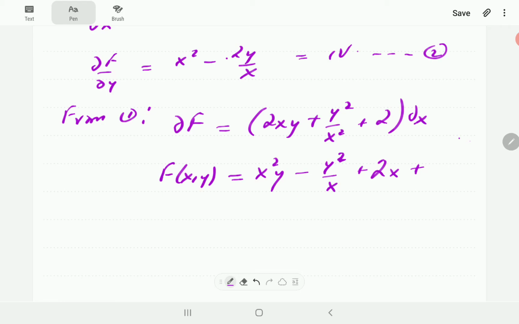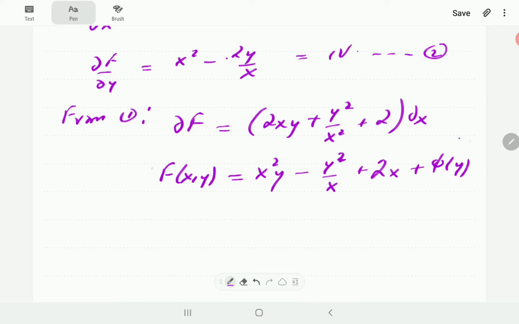Now, remember, if we're integrating like total integrals, you always get a constant of integration. For partial integrals, you get a function. So if you are integrating with respect to x, then you're going to get an arbitrary function of y.